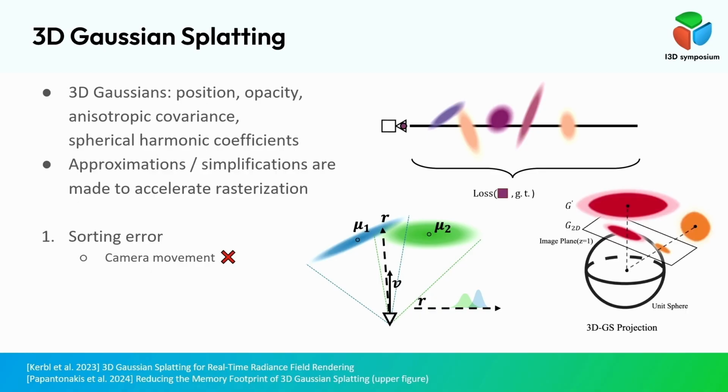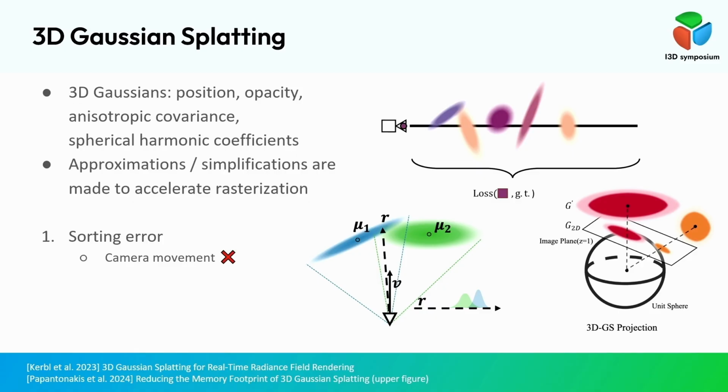And the second approximation is that 3D Gaussian splatting, before rendering the Gaussians, first projects each Gaussian to the image plane to get a 2D geometry. But directly projecting a 3D Gaussian to a 2D plane does not yield a 2D Gaussian. It uses an approximation for faster rasterization.